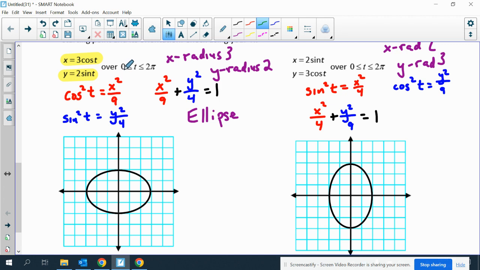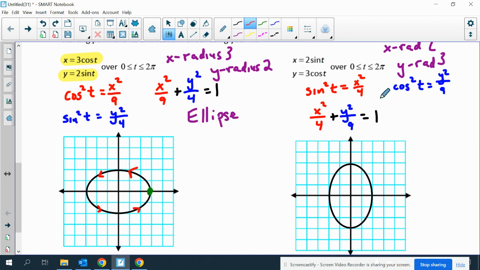If I substitute in 0, I get (3, 0) as my starting point in this one. And if I substitute in something relatively easy like pi halves, I get (0, 2). So my starting point is over here, and my orientation around the ellipse goes counterclockwise.